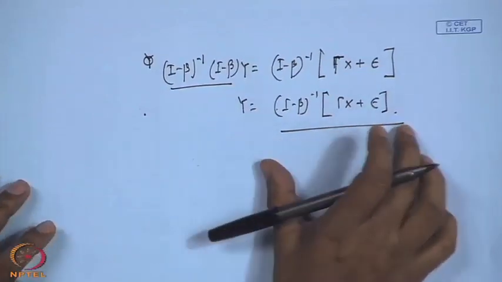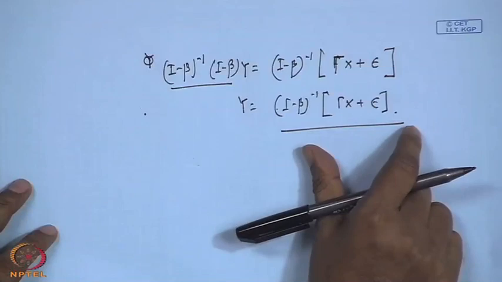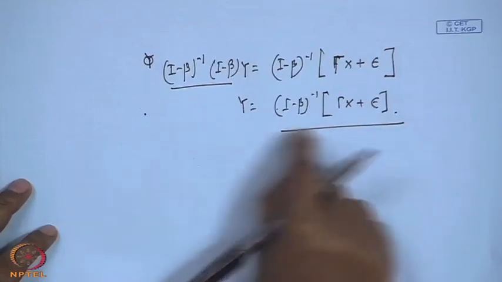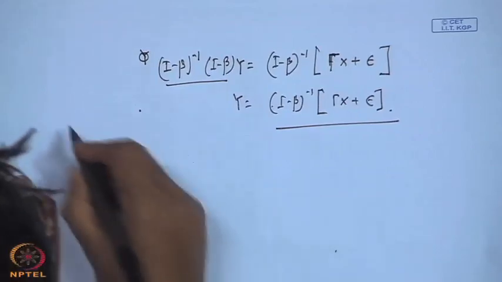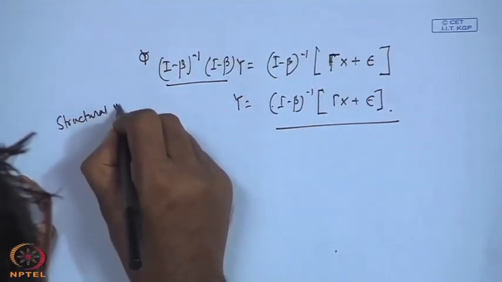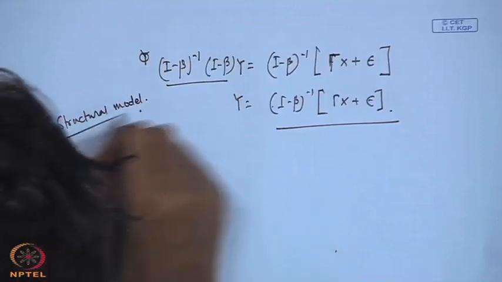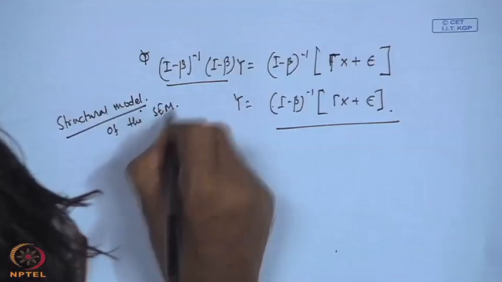The details of how to estimate these parameters, beta, psi, epsilon, phi, will be discussed under the structural model of structural equation modeling.